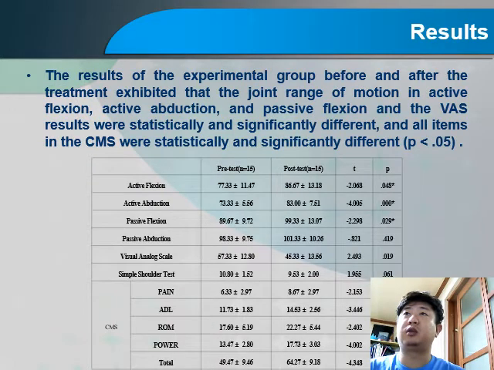The results of the experimental group before and after the treatment exhibit that the joint range of motion in active flexion, active abduction, and passive flexion, and the VAS results were statistically and significantly different, and all items in the CMS were statistically and significantly different.